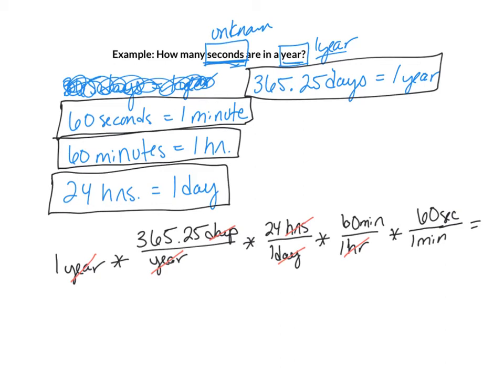So when you put this in your calculator, you multiply by everything that's on top and divide by everything that's on bottom, which means that you would say 365.25 times 24 times 60 times 60. And your answer should be 31,557,600. Well, that's a lot of numbers, right?